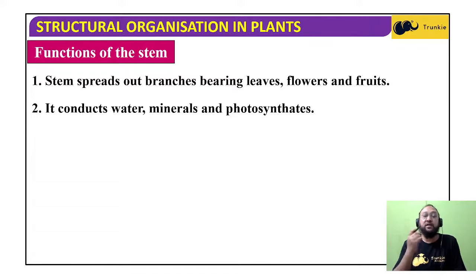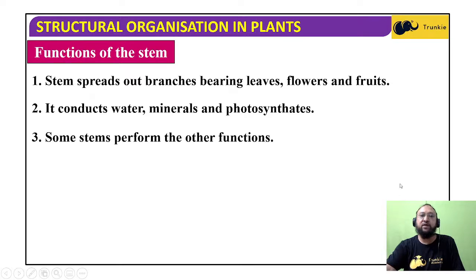So it conducts water. There is a special kind of tissue called vascular tissue, conducting tissues, xylem and phloem, which conduct water, minerals, and also the products of photosynthesis, that is, manufactured food, okay.